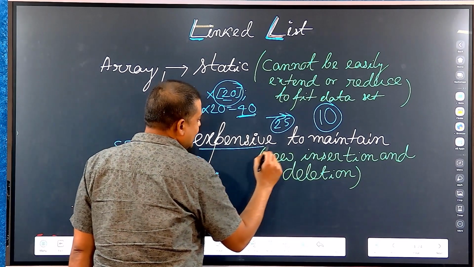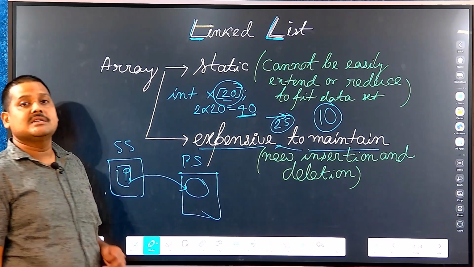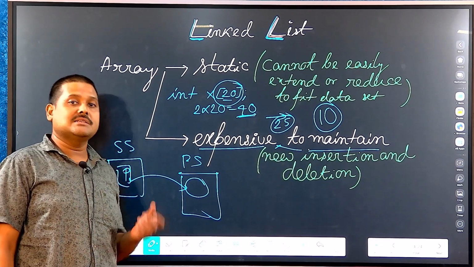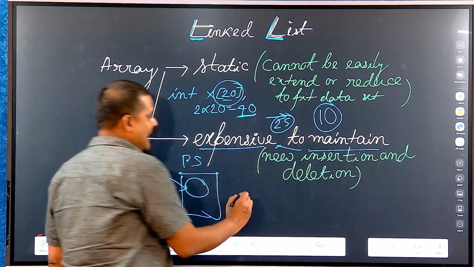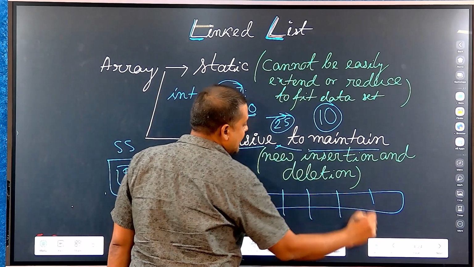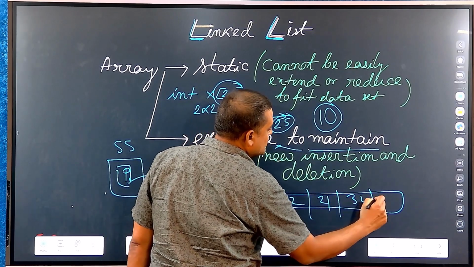Then another thing, it is very expensive to maintain for new insertion or deletion, whenever we are trying to insert a new element or delete an element from that particular array. Say for example, I have an array like this, which has some elements like 3, 9, 2, 21, 32, 78.